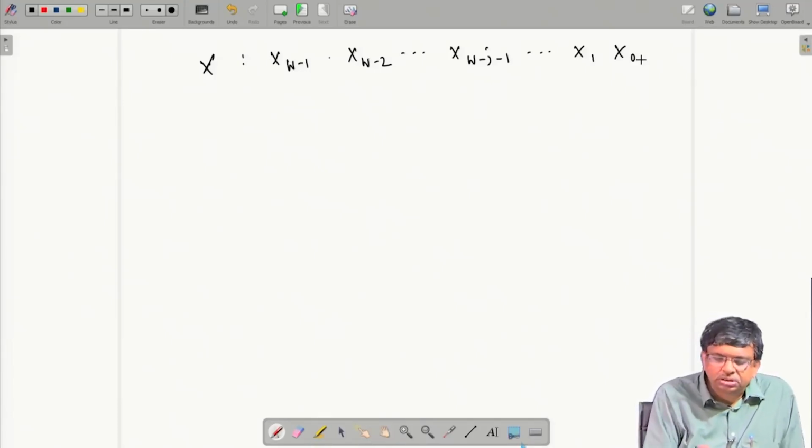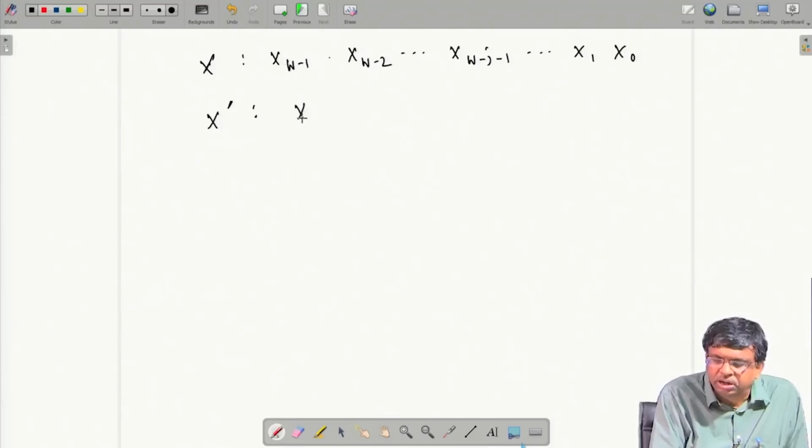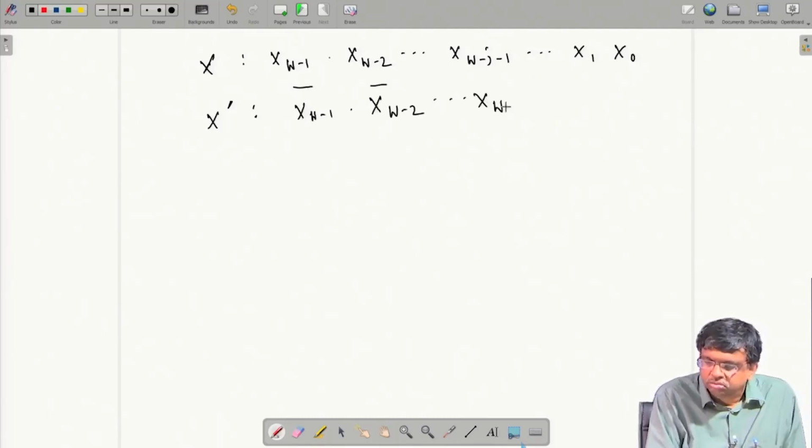What I do is I form a binary number, maybe x prime, by taking the complement of each bit. If it is binary 1, I take it as binary 0. If it is binary 0, I take it as binary 1. So, complement. Here also complement. So, I just take the complement of each bit.